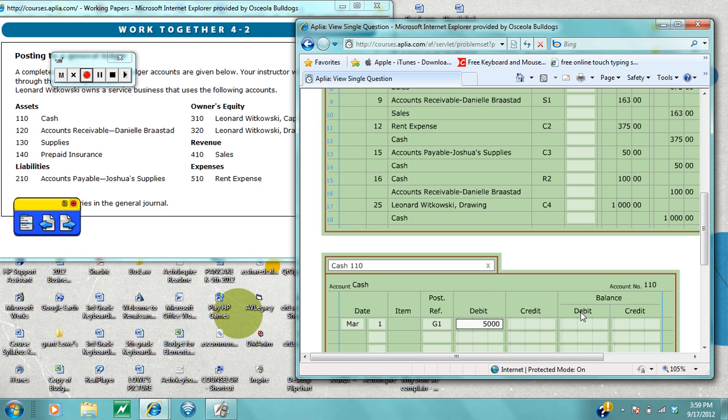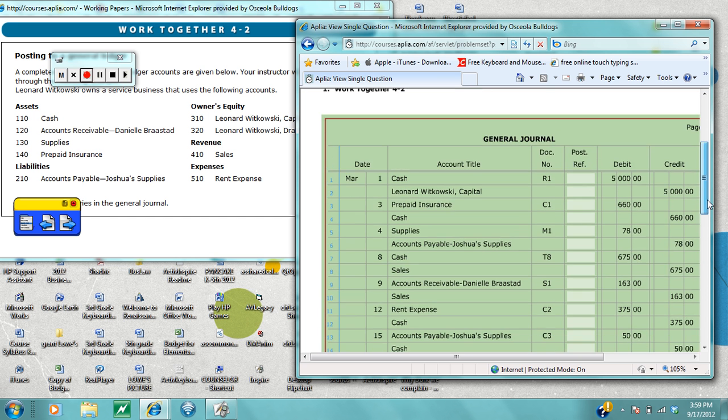Well, 0 debit plus 5,000 debit equals 5,000. This is like a balance in your checkbook if any of you have a checking account. Under cash, hopefully you never have a credit balance, because then that means that you overdrew your banking account, and that would be bad news.